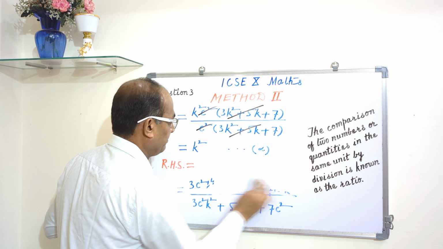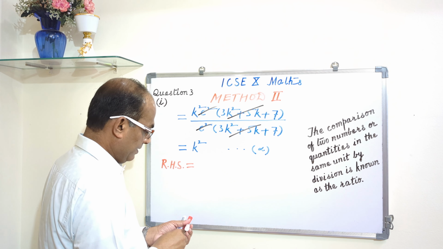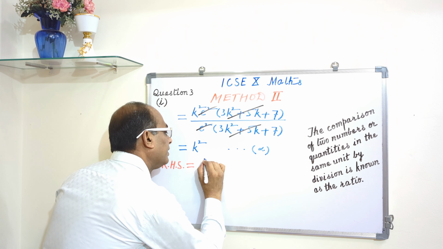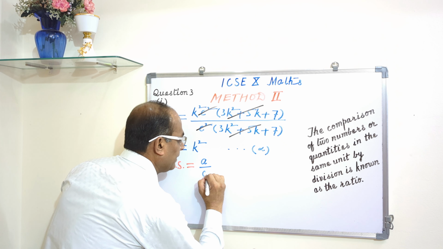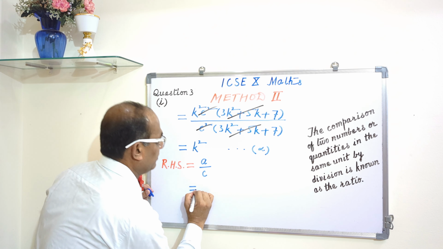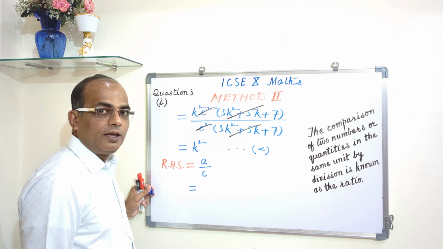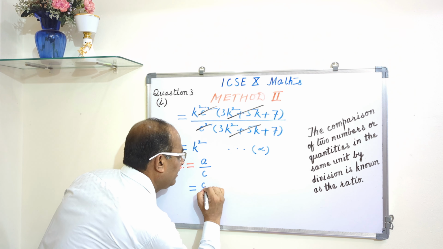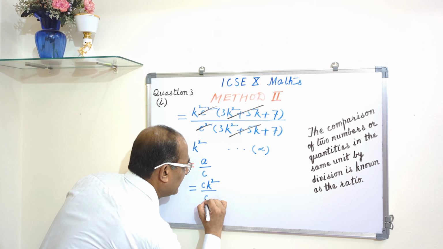A upon c is equal to, b is equal to ck, a is equal to ck square, so ck square upon c.